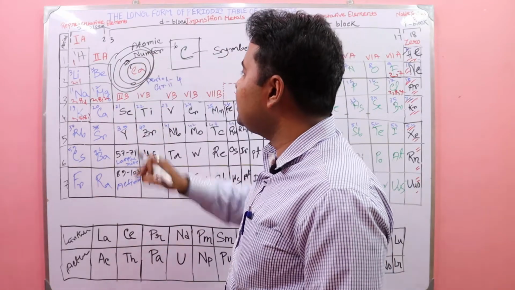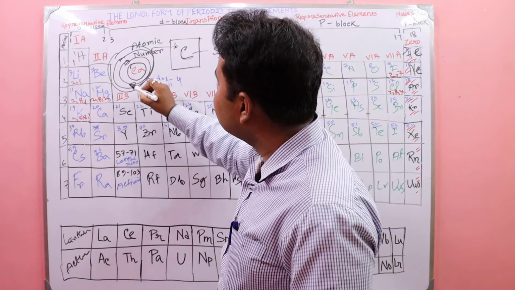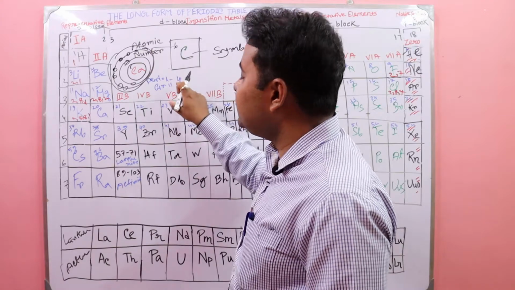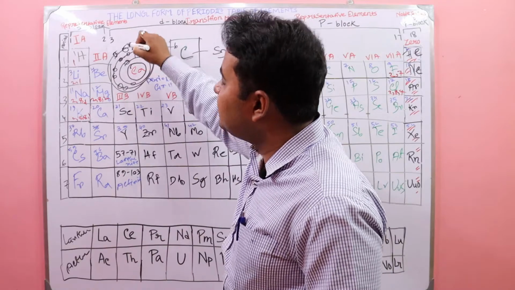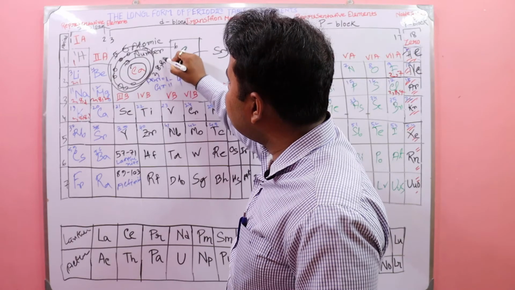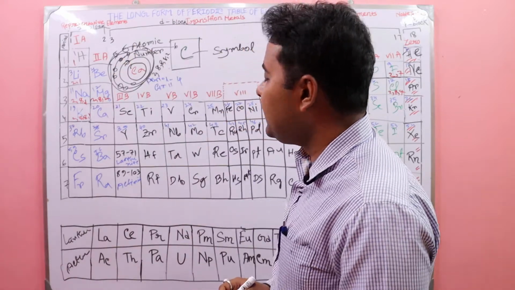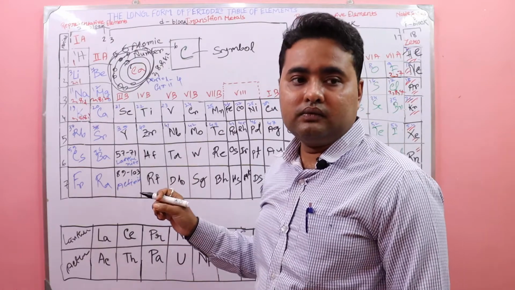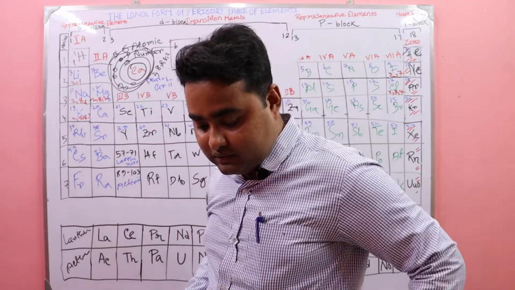A space is not there, that's why I am trying to draw it that way. So 2, the second shell also contains 8, and the last shell, since the group number is 2, that means the last shell content must be 2. So the configuration is 2, 8, 8, 2. Okay, there is a mistake.